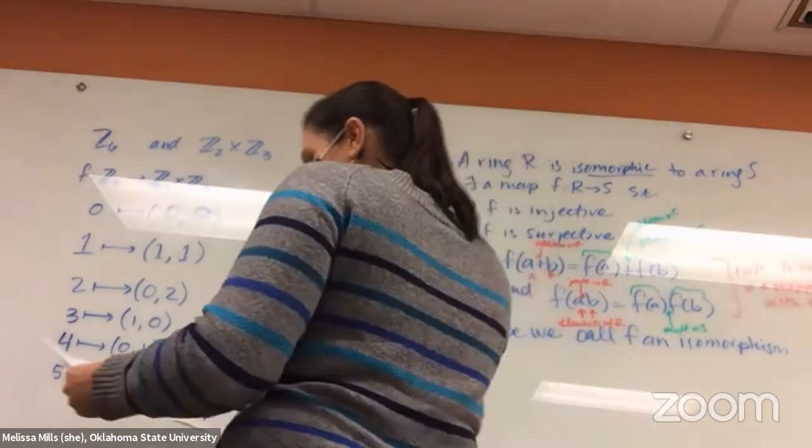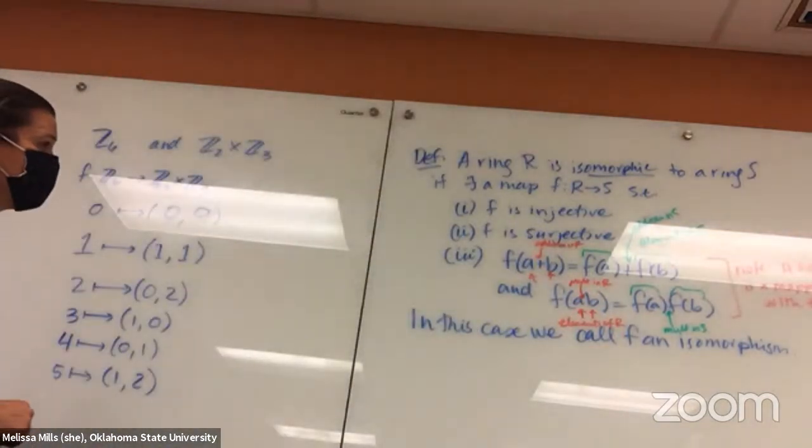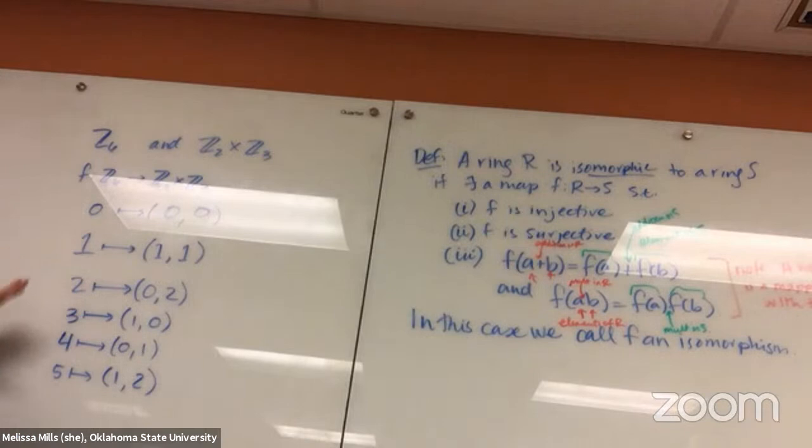Let's think about the mapping that we had here. Is it injective and surjective? So to be injective, what has to happen? Do you remember? Injective is 1-to-1. Yeah, that.